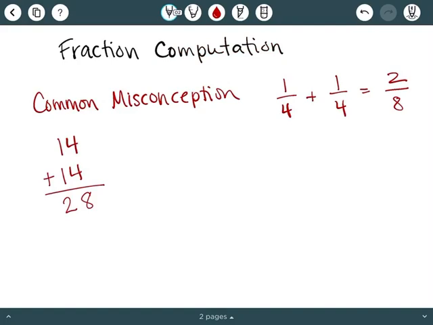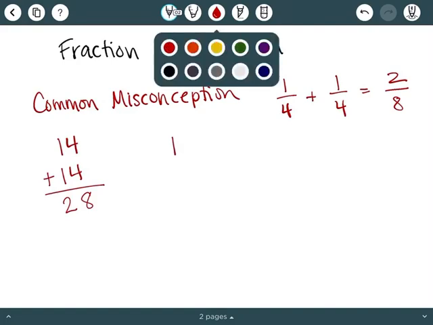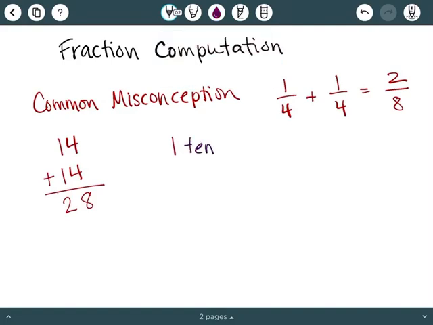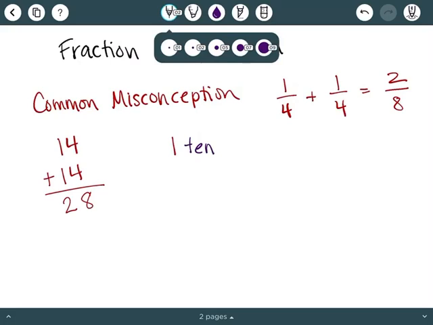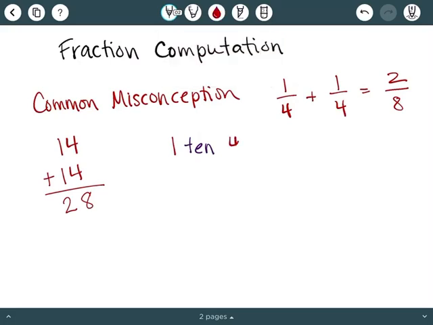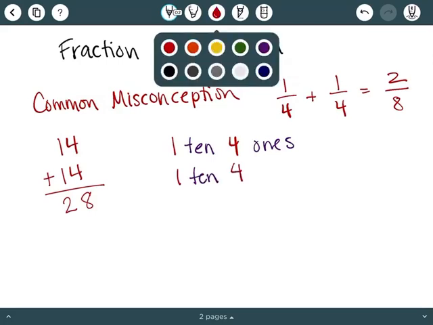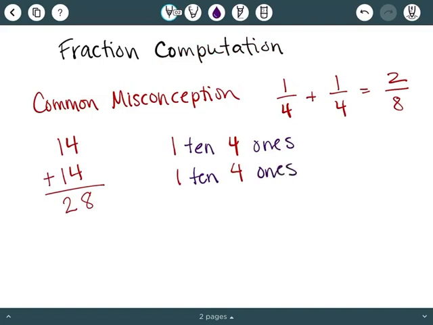So for instance, instead of thinking of writing it like this, I can rewrite 14 as 1 ten and 4 ones, and 1 ten and 4 ones.